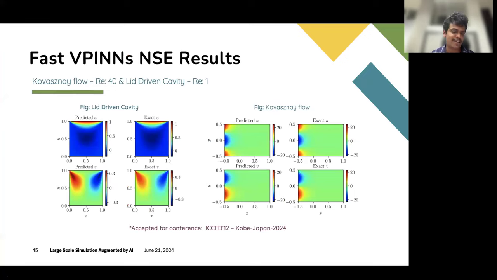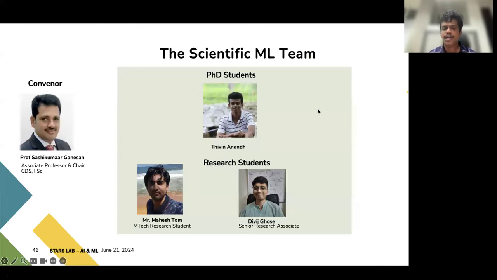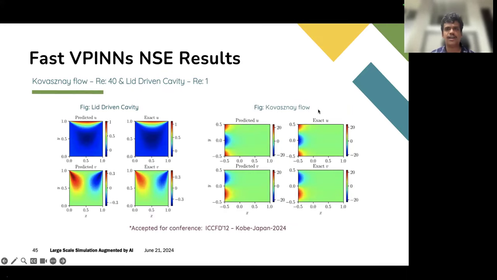One such problem that we explored is incompressible Navier-Stokes. This is currently accepted to ICCFD. For that example, we solved lid-driven cavity for a Reynolds number of 1 and Kovasznay flow for a Reynolds number of 40. To the best of my knowledge, this is the first implementation of a variational PINNs framework for any vector-valued problem.